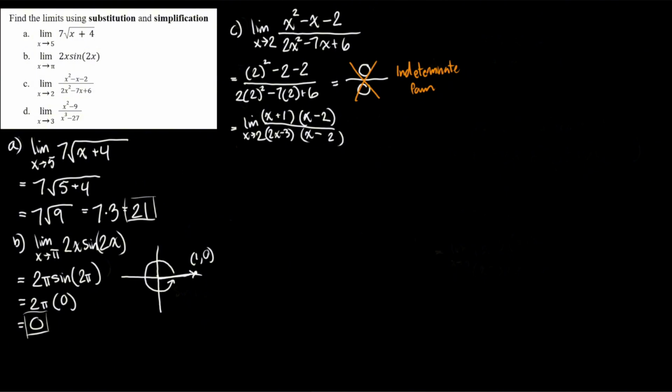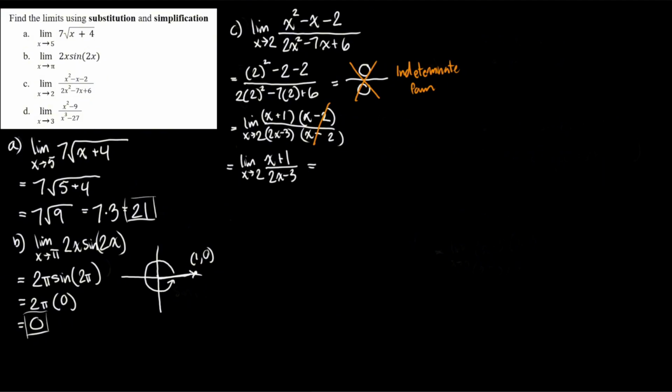We just simplified it. The benefit of doing this is we can cancel out this x minus 2 term right here. That's why it's called simplification. So this will become the limit as x goes to 2 of x plus 1 over 2x minus 3.